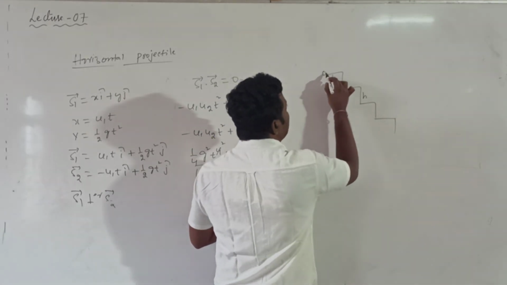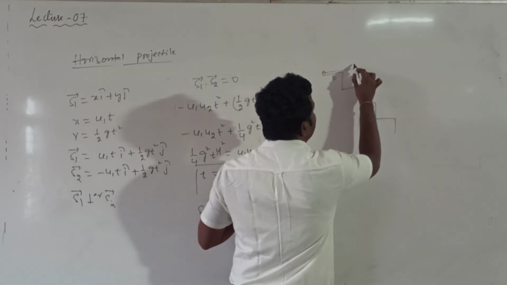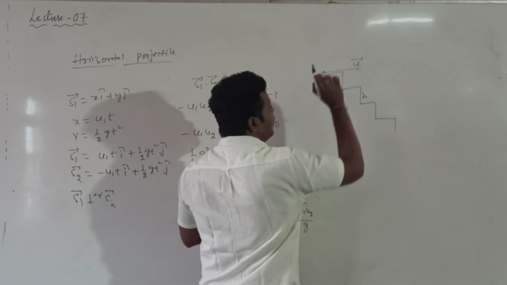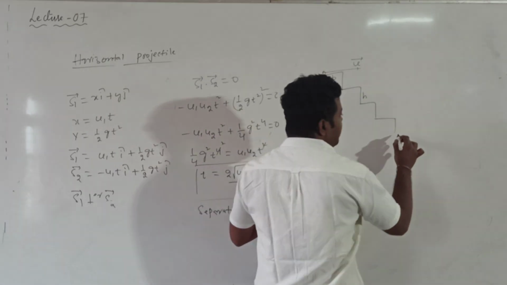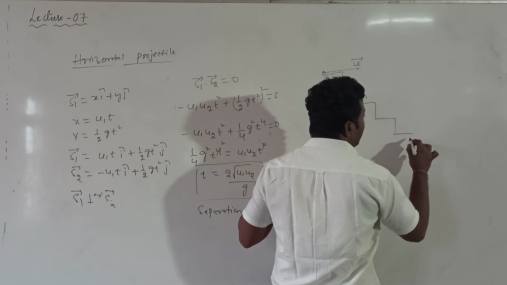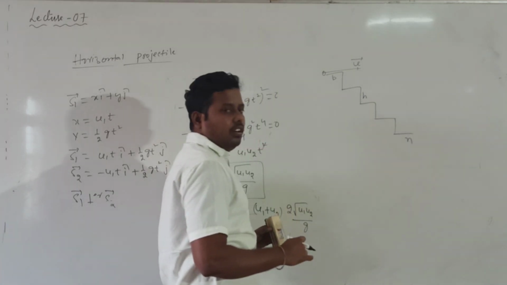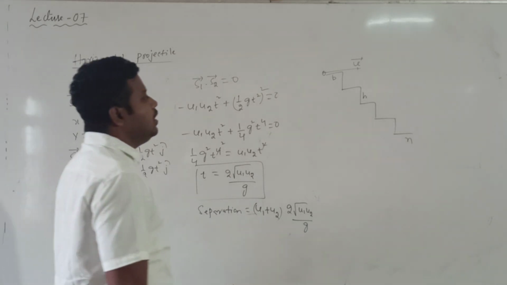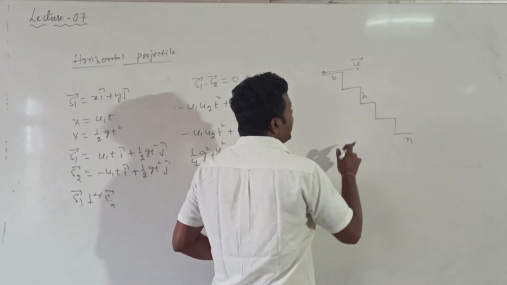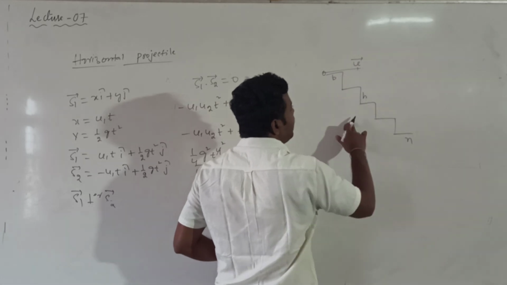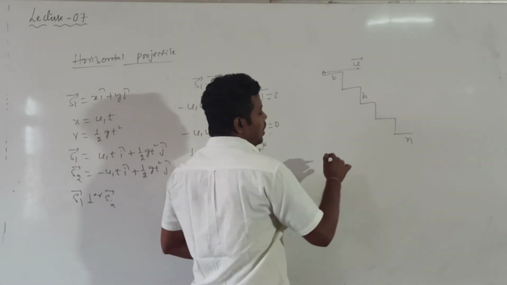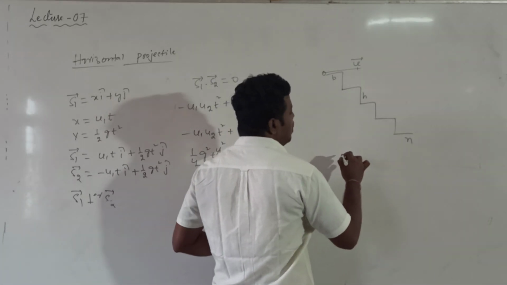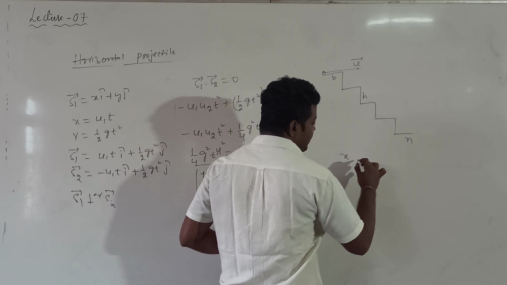So a ball is thrown horizontally with a velocity u bar from the top stage. So let us suppose the ball falls directly on the nth stage. In order to fall directly on the nth stage, what is n value? Here the ball is covering horizontal distance and also vertical distance. So what is the total horizontal distance value? Total horizontal distance is x.